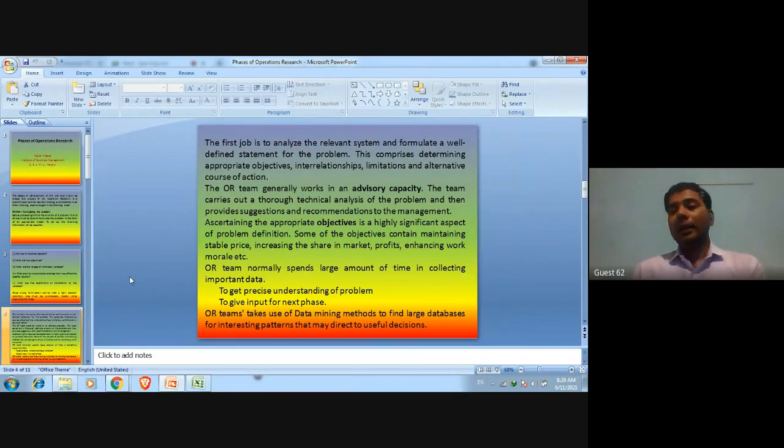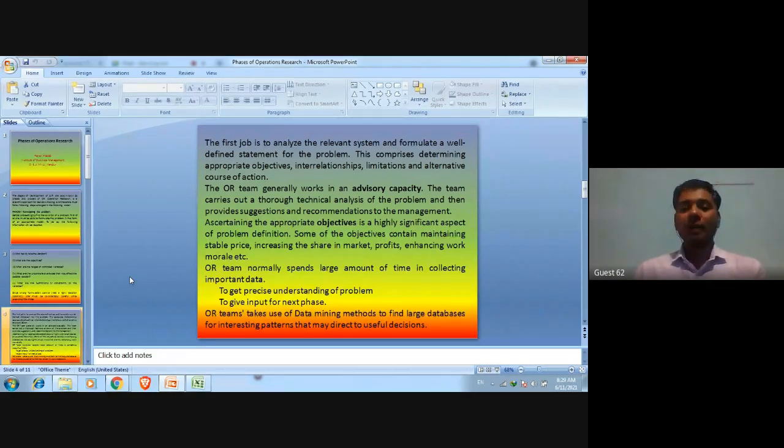Now, ascertaining the appropriate objective is a highly significant aspect of problem definition. When you are stating your problem, it is necessary that the objective is clearly defined. Why are you doing this OR phase? Why are you making a model?